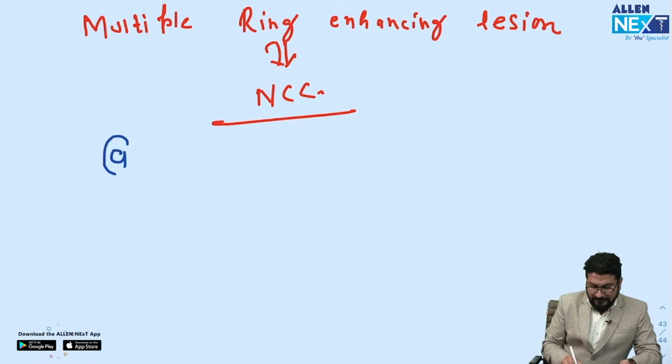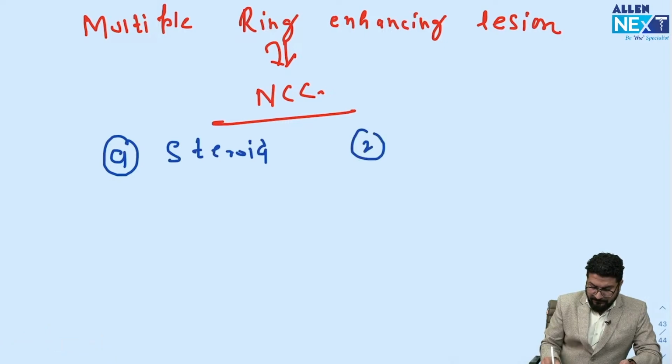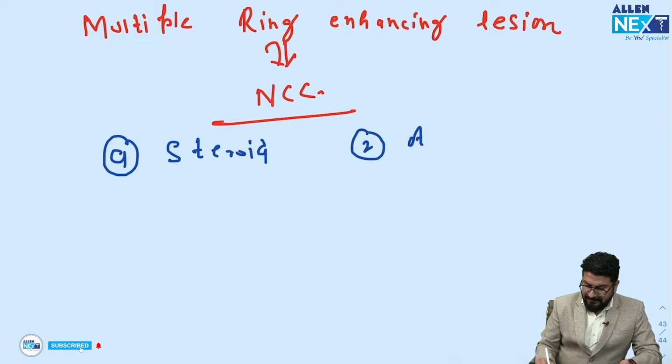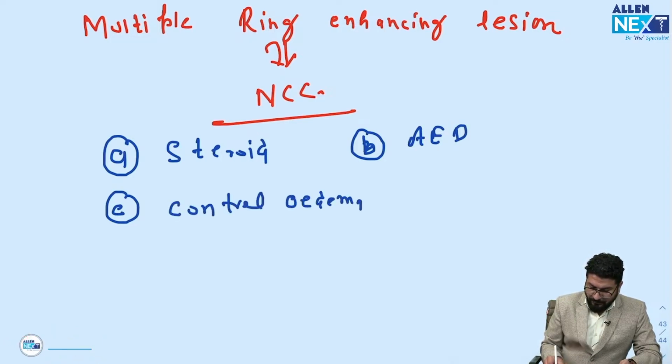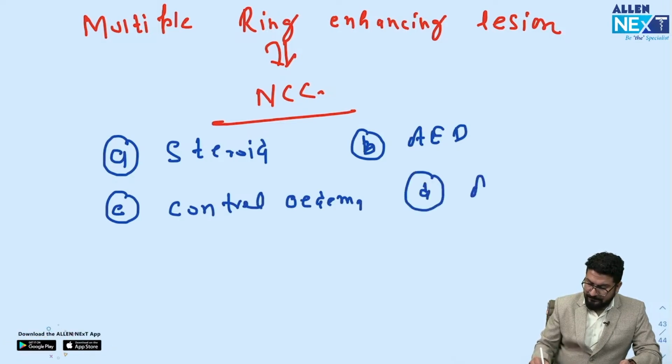These are the options. In an emergency, we should give steroid, we should give an anti-epileptic drug, AED, we should control edema, and the fourth option is that we should give anti-helminthic medication.